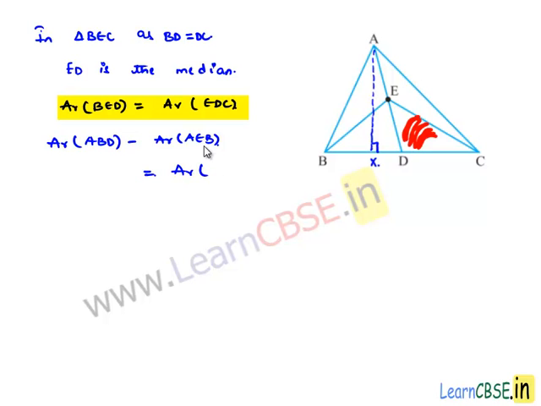That is, area of triangle EDC can be written as area of triangle ADC minus area of triangle AEC.